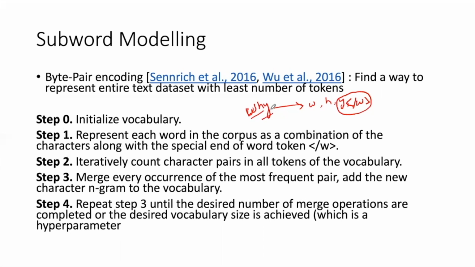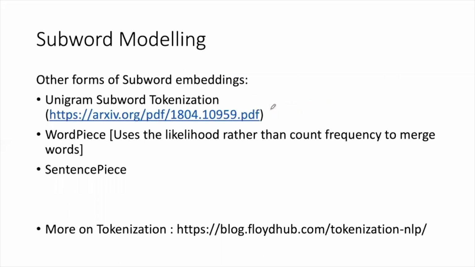We count all such two-character pairs, and once we count them, we find the most frequent pair and add that pair to the vocabulary. We repeat this process, finding the most frequent pair in each iteration and adding it back to the vocabulary. So that's the overall idea of byte pair encoding.